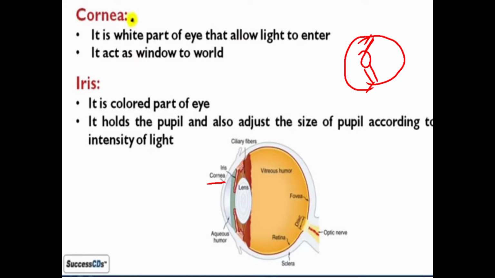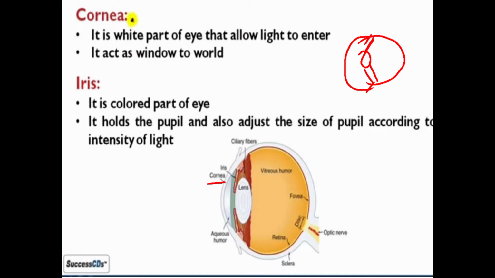Now what is the function of the iris? It is the colored part of the eye. As we can see, some irises are brown colored, some are blue colored. It holds the pupil, and it also adjusts the size of the pupil according to the intensity of light.